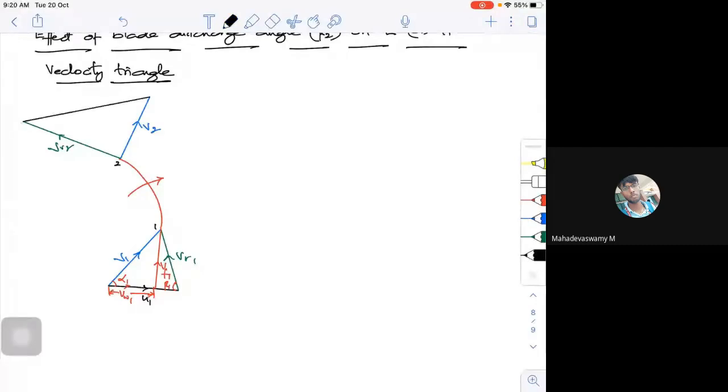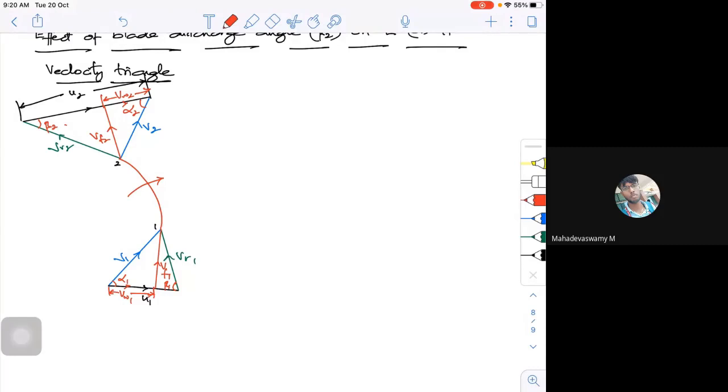This is my U2. Let me draw your VF2, which is perpendicular to it. This is the VF2 component, this is my VW2, and this is your alpha 2 and your beta 2. So this is your velocity triangle.